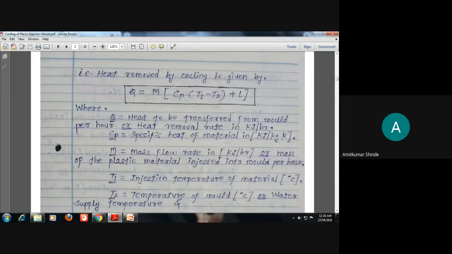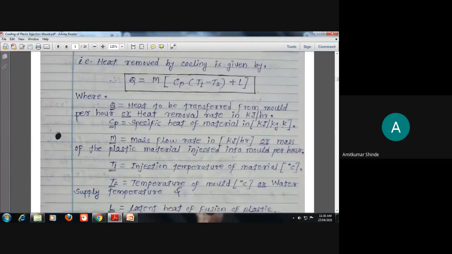Then after the mass flow rate, the specific heat of the plastic material. Then the difference between the temperatures. T1 is the temperature of the plastic material at the time of injection, the ejection temperature of the material, and generally you take it in degrees Kelvin or degrees Celsius.